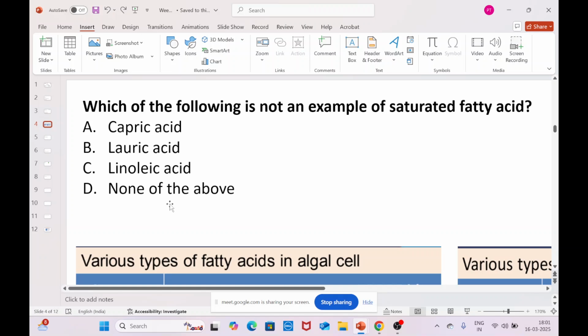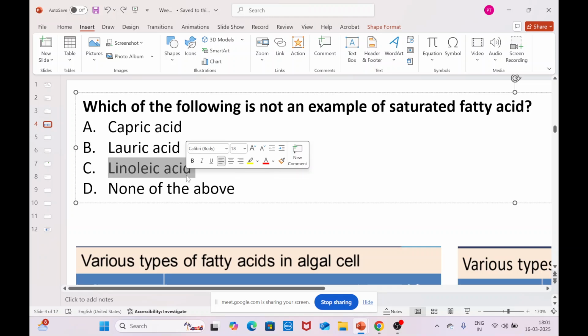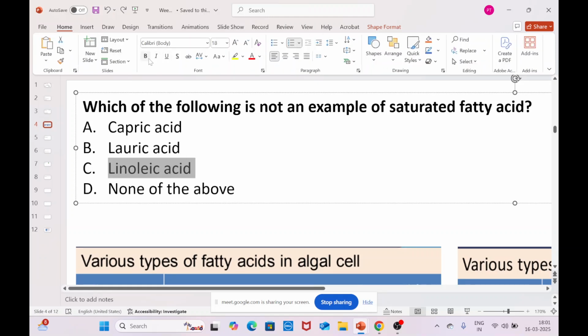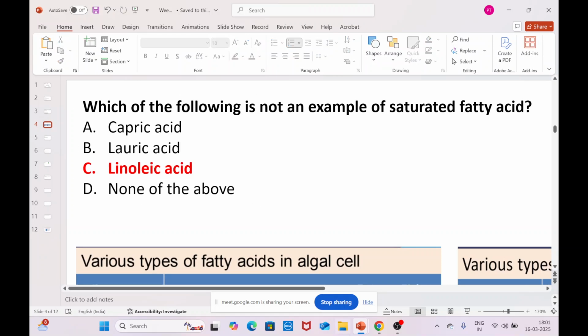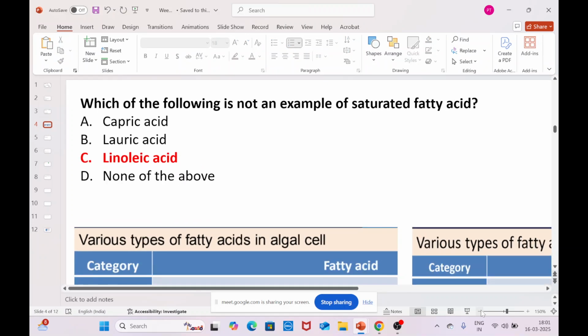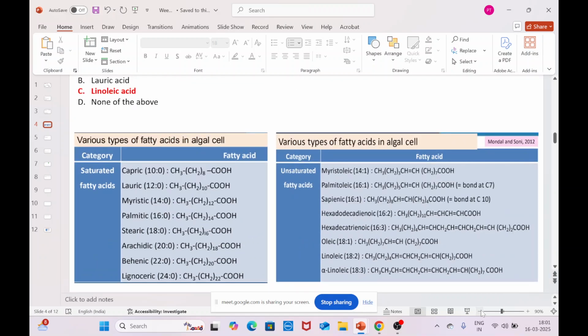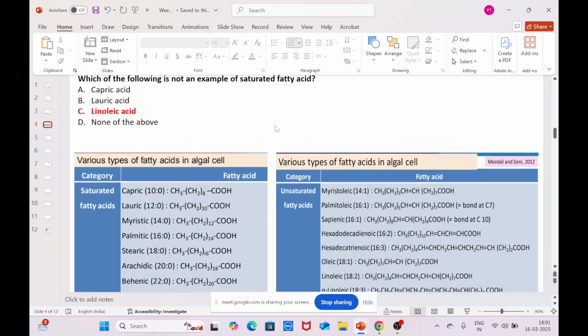Linoleic acid. Okay, so that's the reason. Let's check the table. That's the reason I have given the table here. So capric acid is a saturated acid and lauric acid is also a saturated acid, whereas linoleic acid is an unsaturated fatty acid.